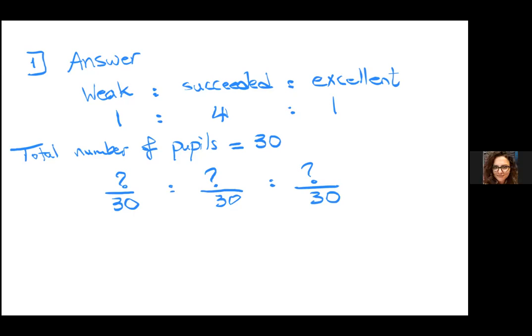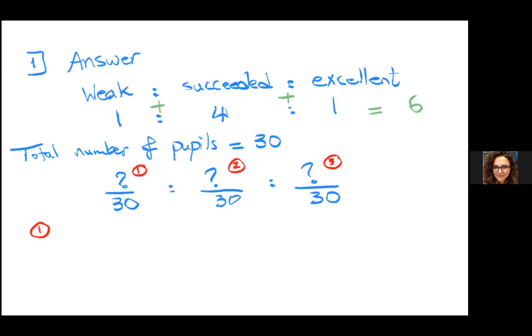What we have to look for here is the number of succeeded and the weak. First thing that we need to do, add the ratios. So the total ratio here is 1 plus 4 plus 1, so it's 6. Now, the balance is complete. How do we find number 1?